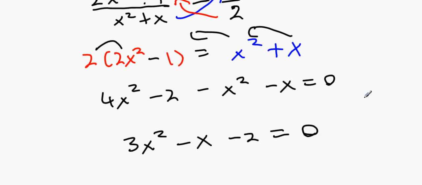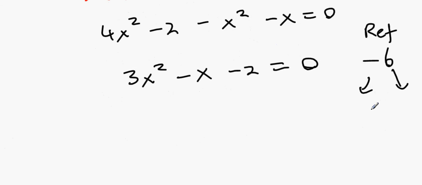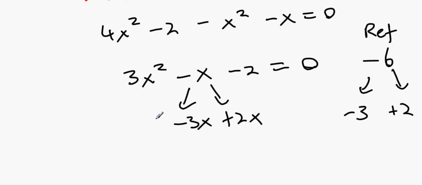The reference number here is going to be minus 6 because it's 3 times minus 2, which is minus 6. And then between the two of these, what we're going to need is minus 3 and plus 2. So we break up minus x into minus 3x plus 2x. We have 3x squared here minus 2 equals 0.